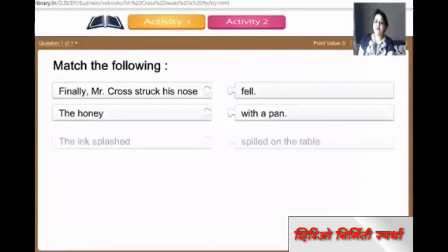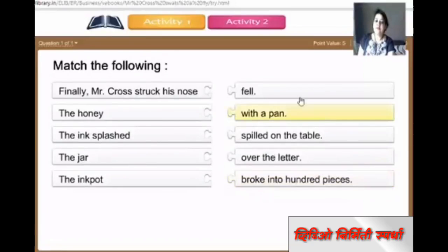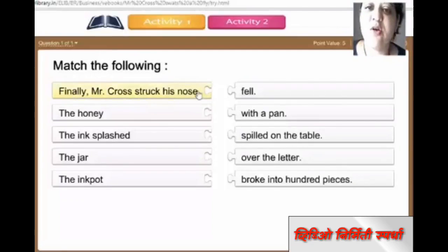Here I am going to start a quiz. There is a simple activity based on this lesson. Match the following. So we have to read first of all this sentence. The first sentence is, finally Mr. Cross struck his nose.